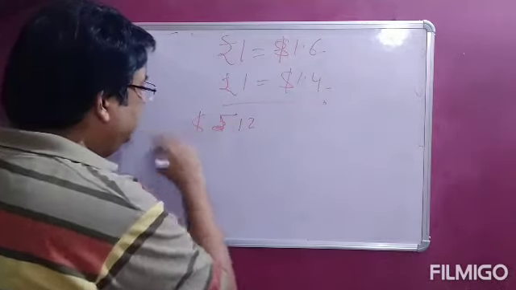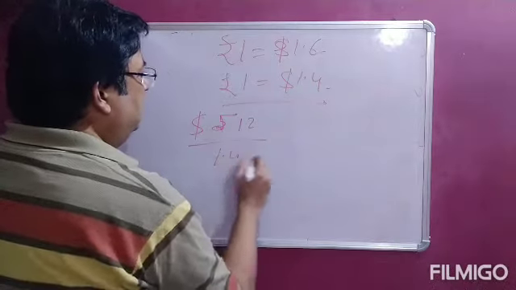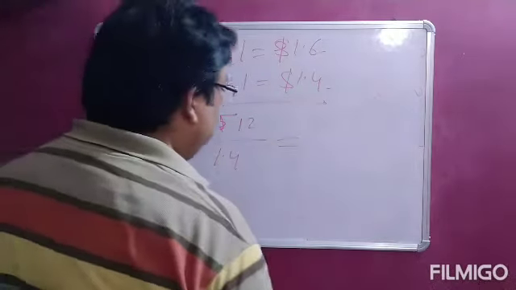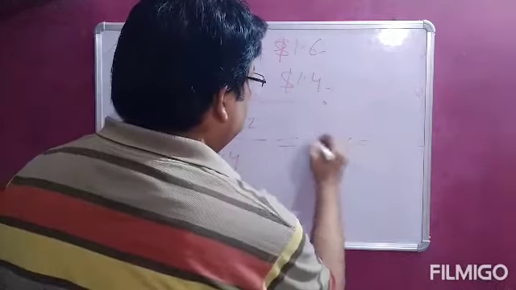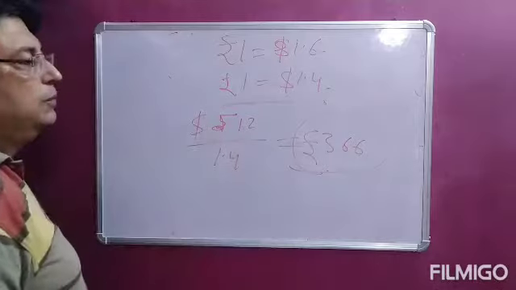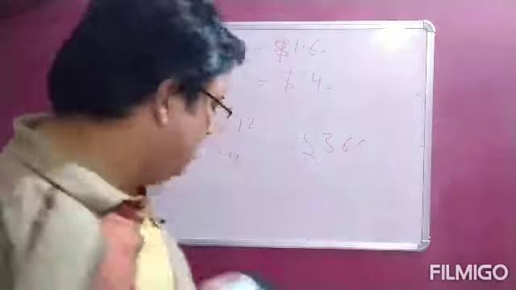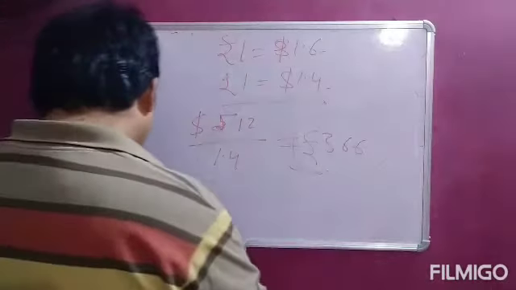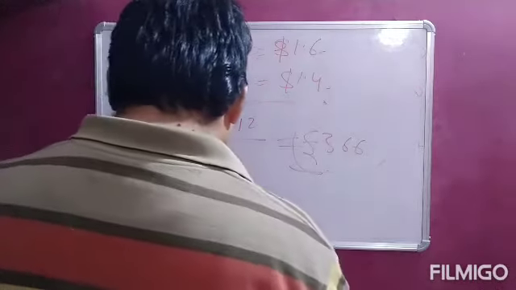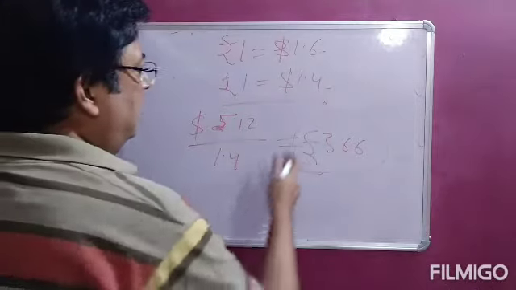So now after depreciation, the price will become 512 divided by 1.4, and you get 366 pounds. So the price of the imported item will increase from the earlier 330, by 36.